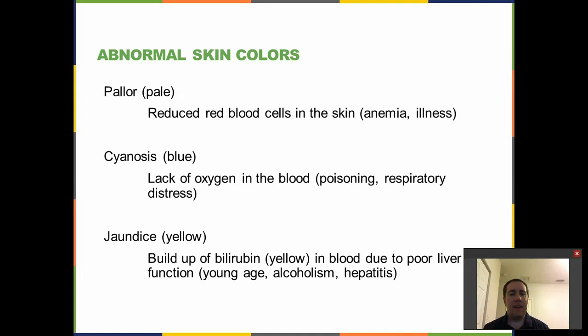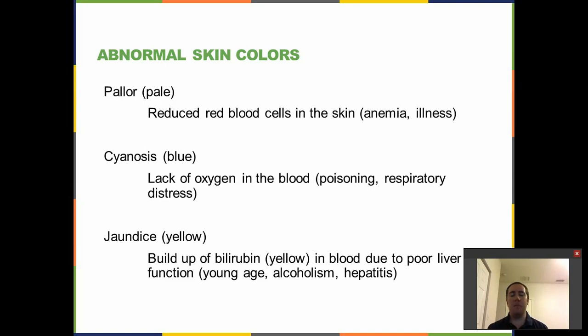Another color that we can see is actually blue. This is called cyanosis. If somebody has blue skin, we say that they are cyanotic. This is a situation where we have the blood that we need, and it is where it needs to be. There's just no oxygen on that blood.